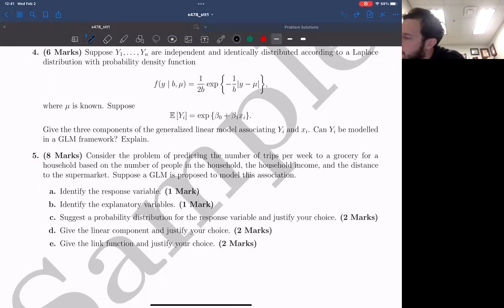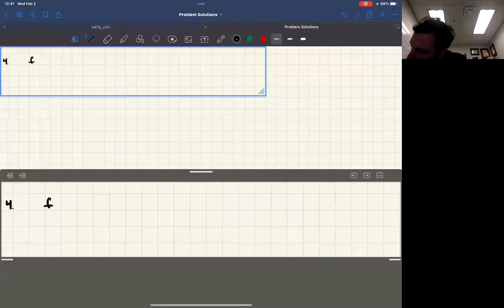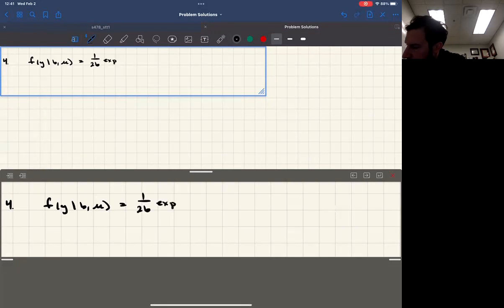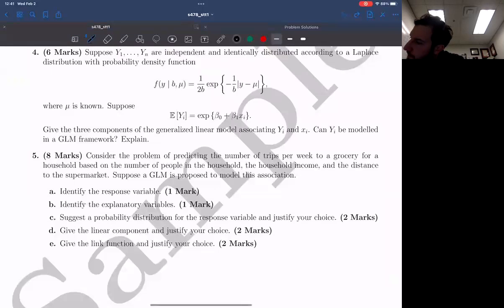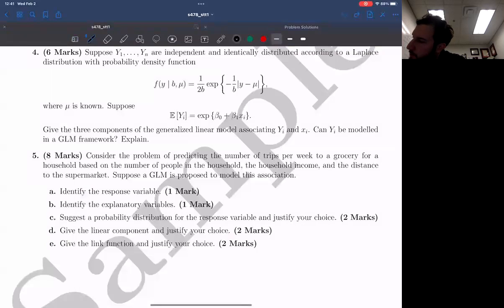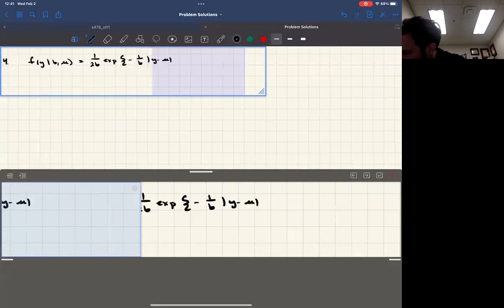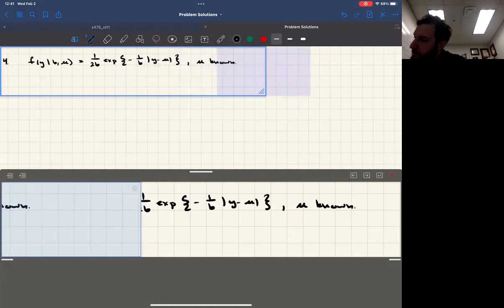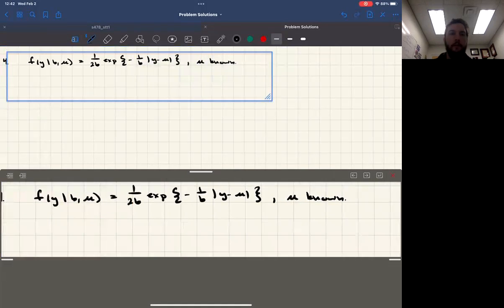Okay, so we have f of y given b and mu is equal to 1 over 2b exp of negative 1 over b times the absolute value of y minus mu. We want to give the three components of the GLM framework about y.